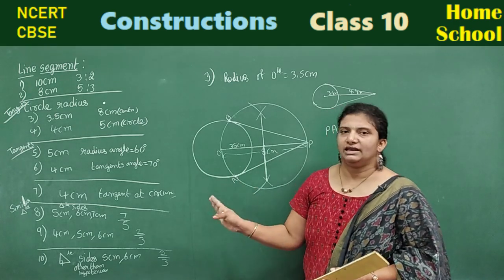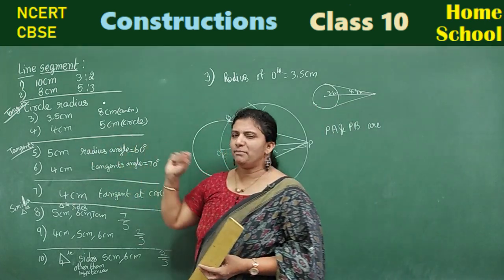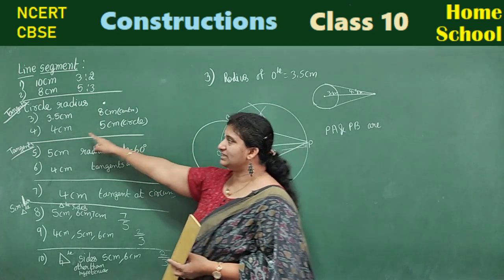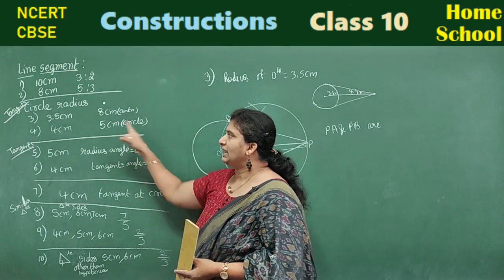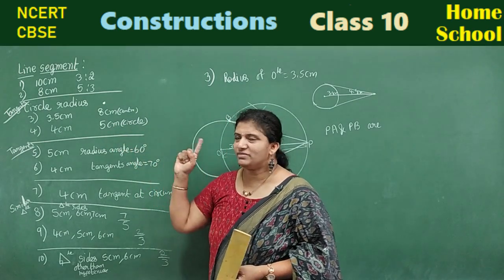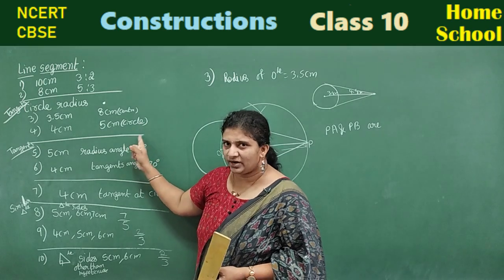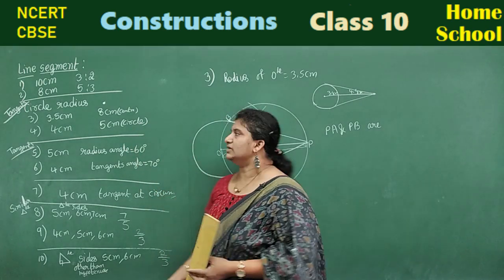Okay, similarly, you need to do another problem. What is that problem? Draw a pair of tangents to a circle of radius 4 centimeters, and the external point is 5 centimeters away from the circle. Observe the words I am saying: 5 centimeters away from the circle.